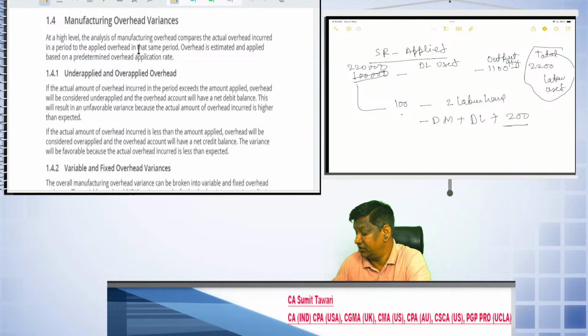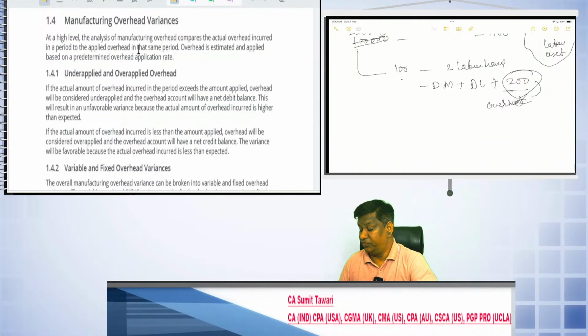So I'm considering the addition of the overhead in the cost. This I consider as applied. Direct material gives a total direct cost, direct labor also gives a total direct cost, but the production overhead we need to enter in the cost sheet as overhead applied. Okay. Are you able to get me?